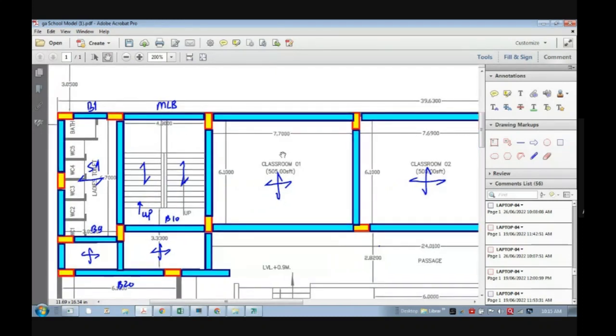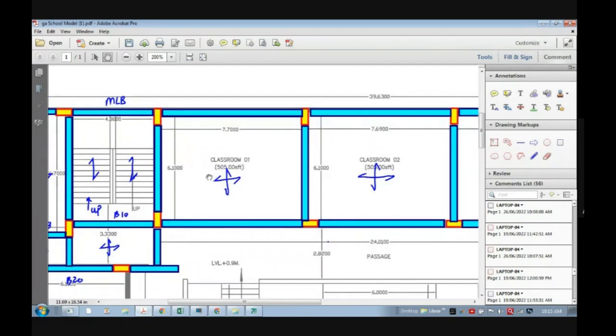So what is the second solution? I don't want these bigger spans for the slab. How can I reduce the slab span? By providing an intermediate beam. So we will provide intermediate beams.